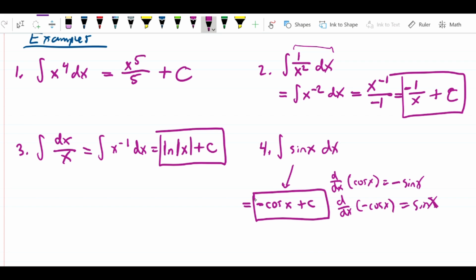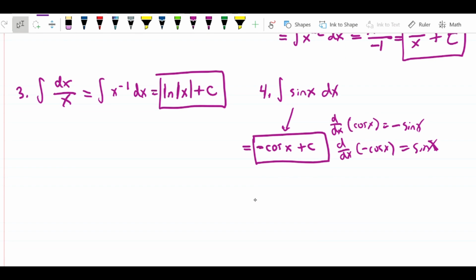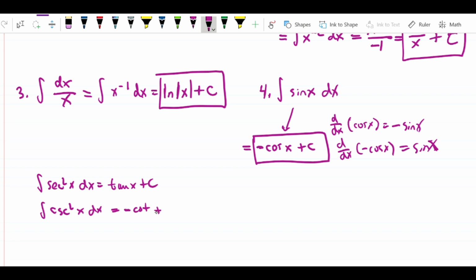And that's just kind of how the trig functions work. The minus sign sort of appears in the backwards place from where you'd expect it when you're finding antiderivatives of trig functions. I can actually even just write them out. The antiderivative of secant squared x is tan x plus c. The antiderivative of cosecant squared x dx is negative cotangent plus c.